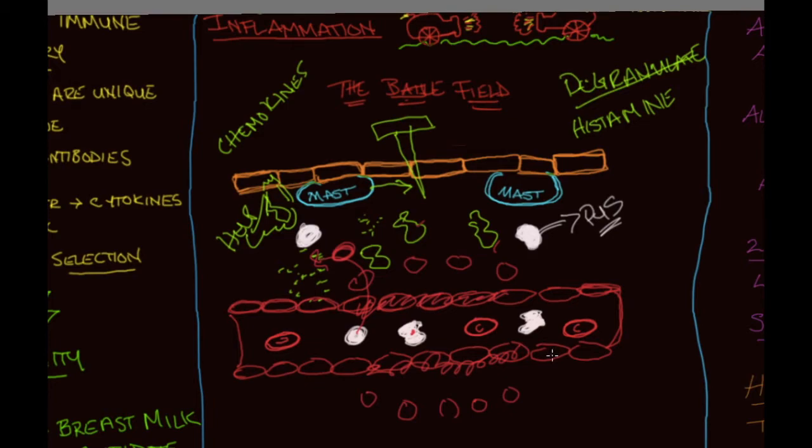We'll also get an increase in blood flow to this area, to get more neutrophils and other white blood cells to our battlefield. And this will also cause not only more blood flow, but an increase in heat.